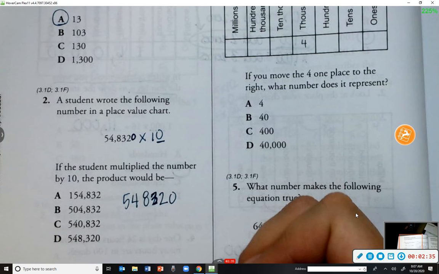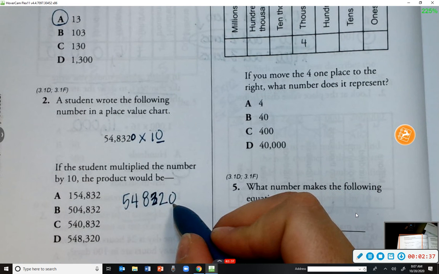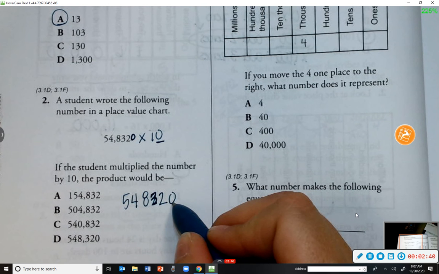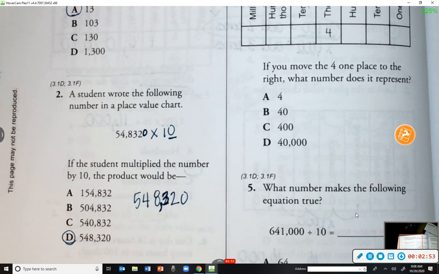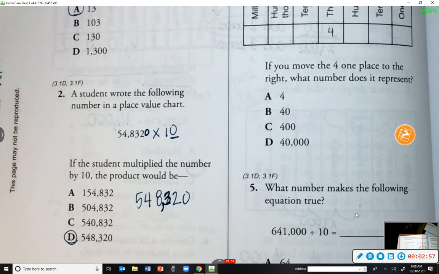So I would put my zero on the end. Okay, so 10 means a trick that we've learned is to just put a 0 on.